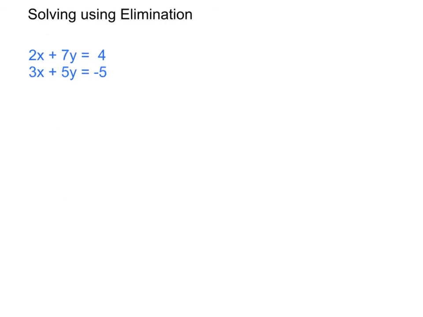The final method is called the elimination method. The word eliminate means to cancel out. So we are going to use some algebra tricks to cancel out one of our variables so we can solve for the other. The first step is to multiply the top equation by 3 and the bottom equation by negative 2.